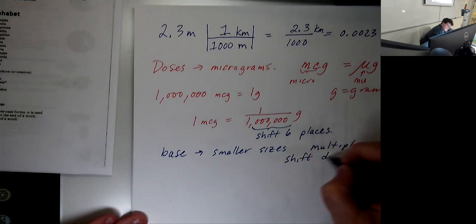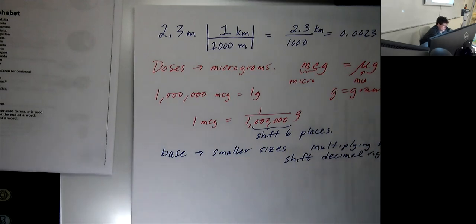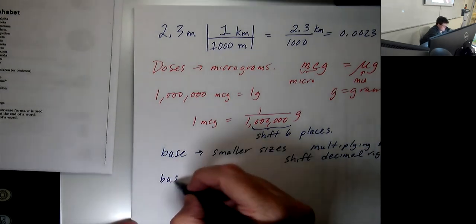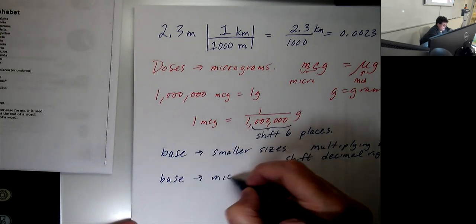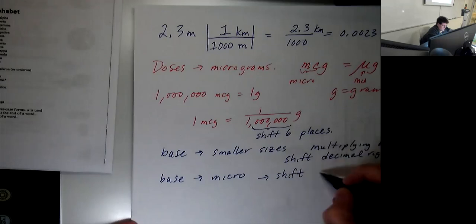Shift decimal right. So like going from base to micro has 6 zeros, shift the decimal point right 6 times.